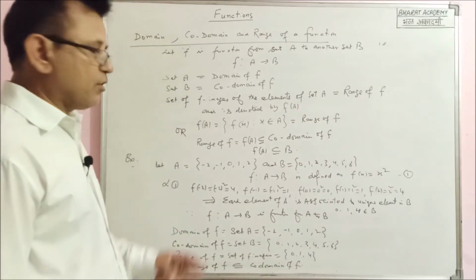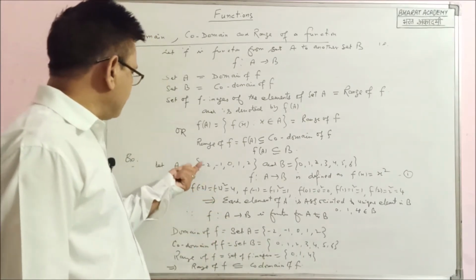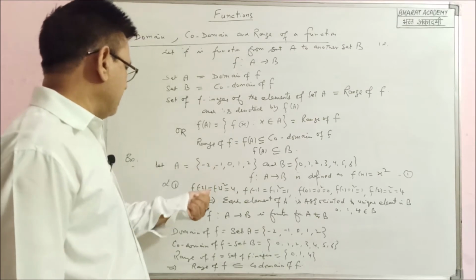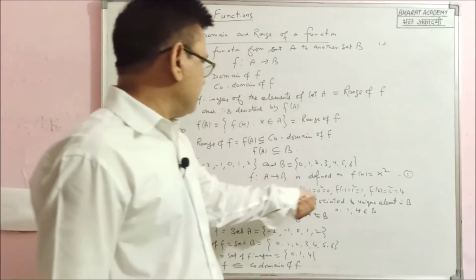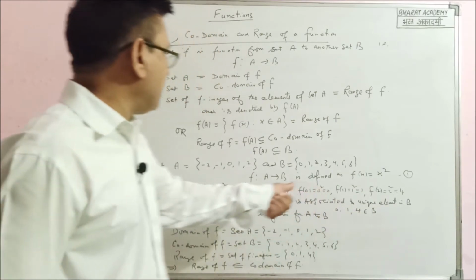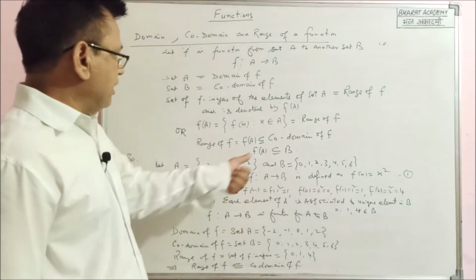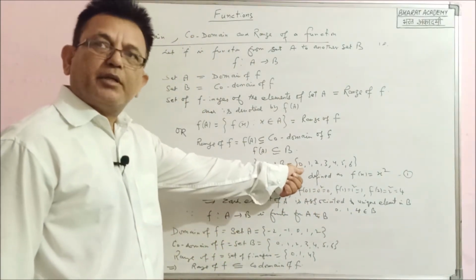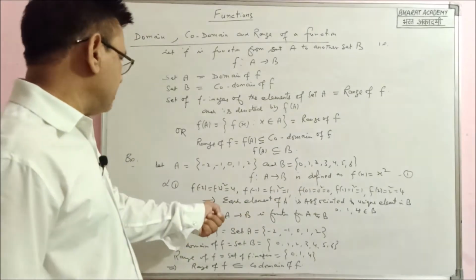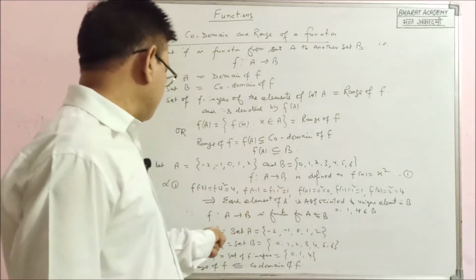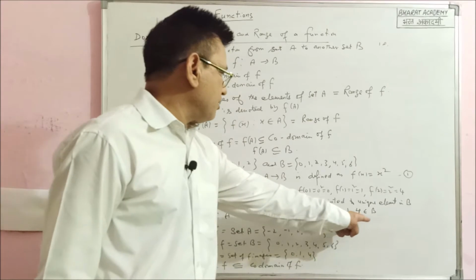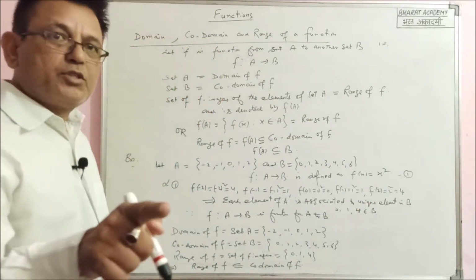It means all the f images of all the elements of A, 4, 1, 0, 1, 4, are also elements of set B. It means these elements 0, 1, 4 will be your range of the function in this case.